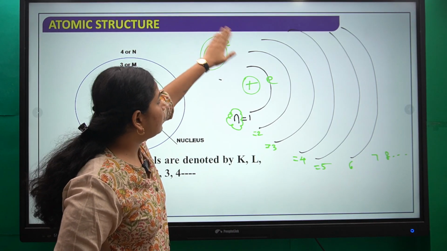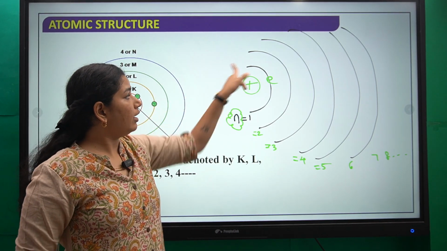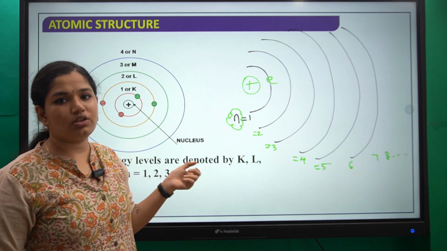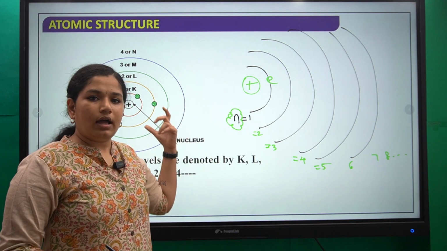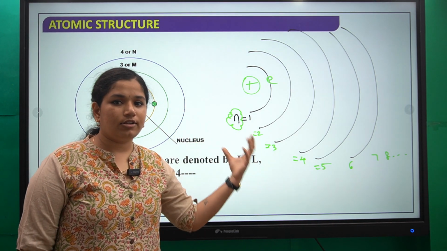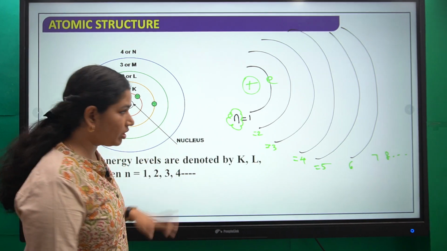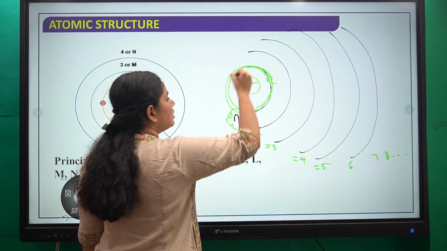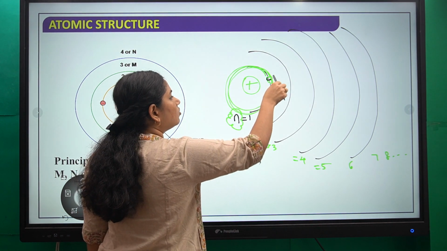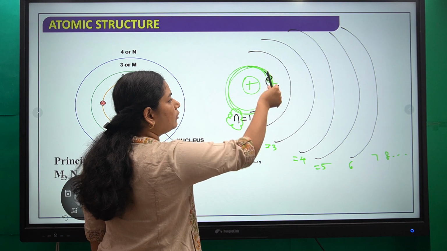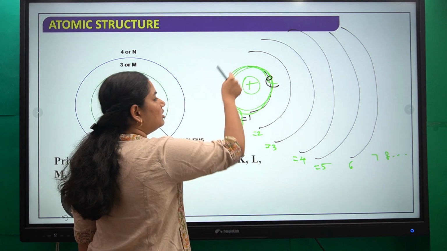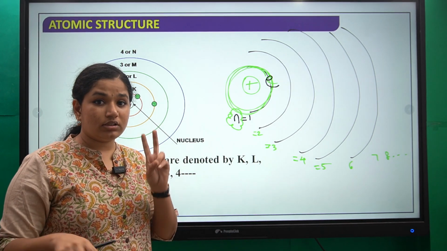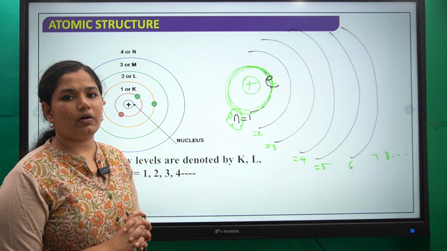Because when electrons revolve in a certain circular path with fixed velocity, energy and radius, they neither gain nor lose energy. In a stationary state, they just keep revolving in that circular path. Wherever the electron is present, it stays in that particular path only. This is the second postulate. We'll study about that as well.